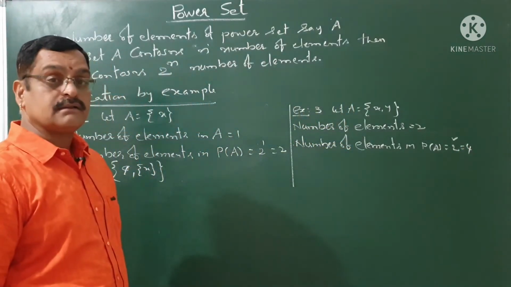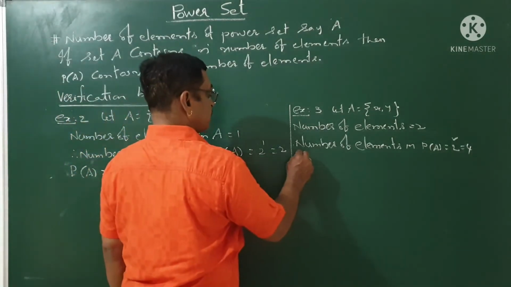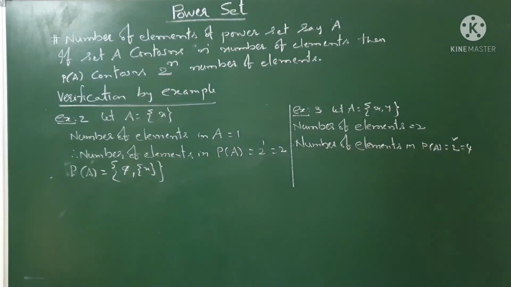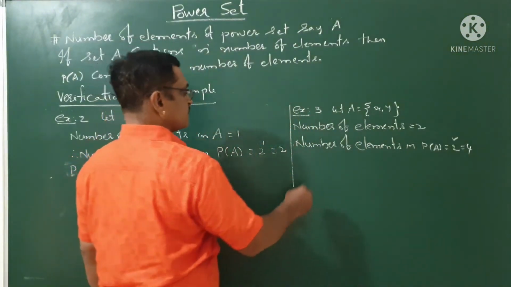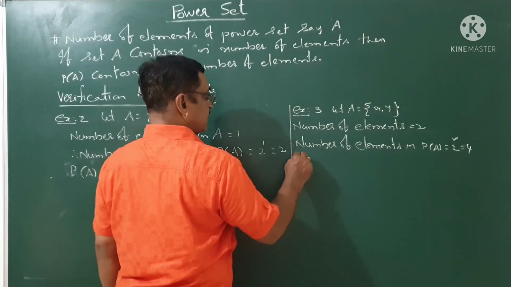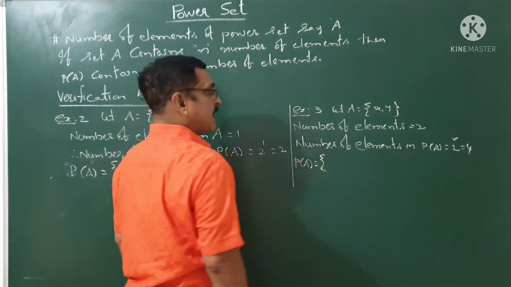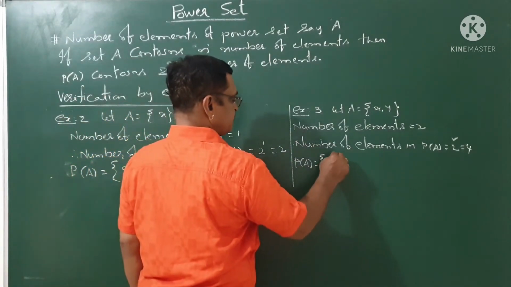Now let me find the list of subsets for A. A is equal to {x, y}. Let me write the subsets. So I am writing P of A here. As usual, first the empty set is its subset.